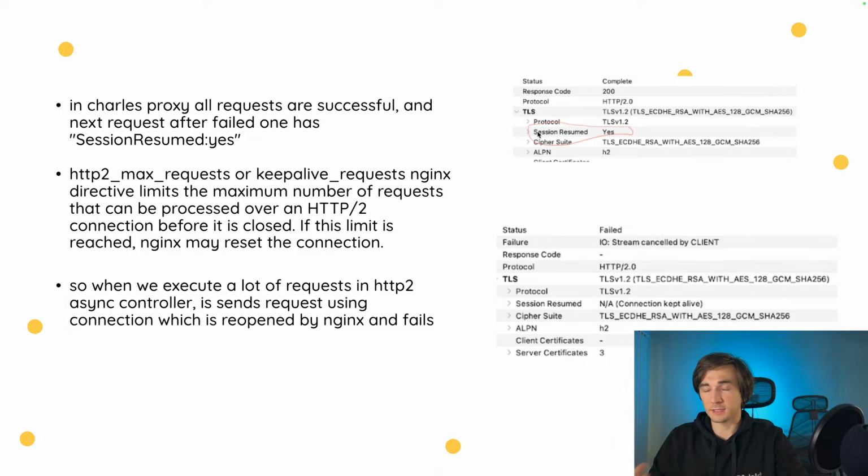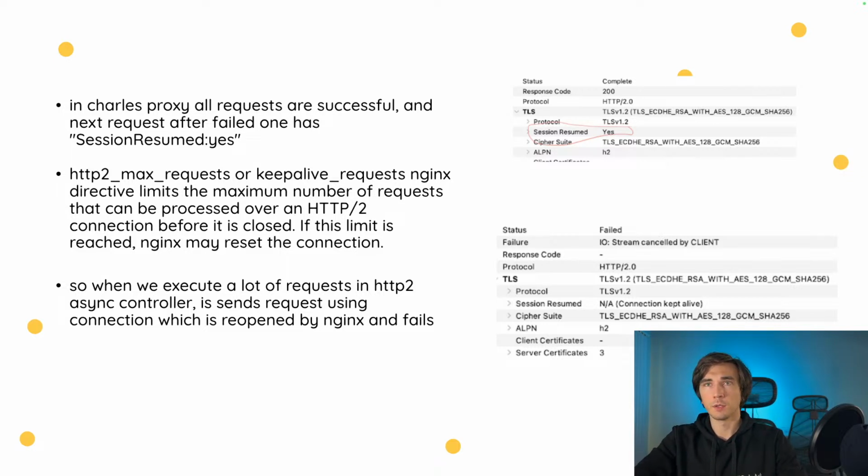In Charles, it processed fine, but what I noticed there is that it has session resumed yes, and also the ID of the connection is changing. So that's where the problem is.